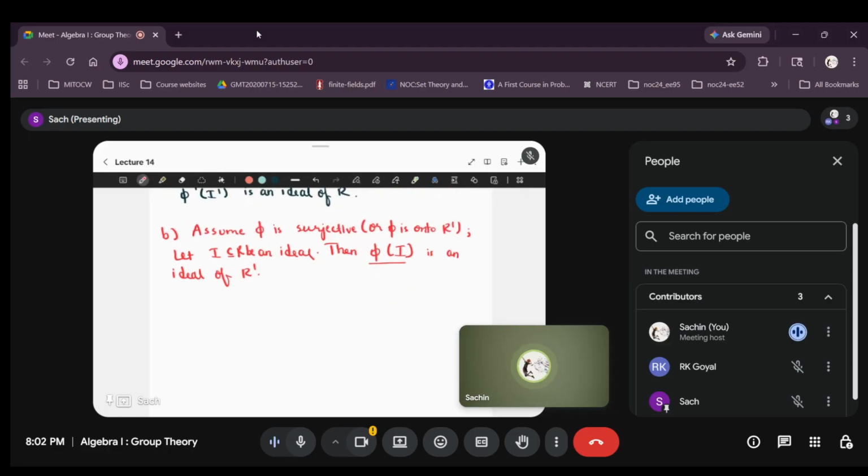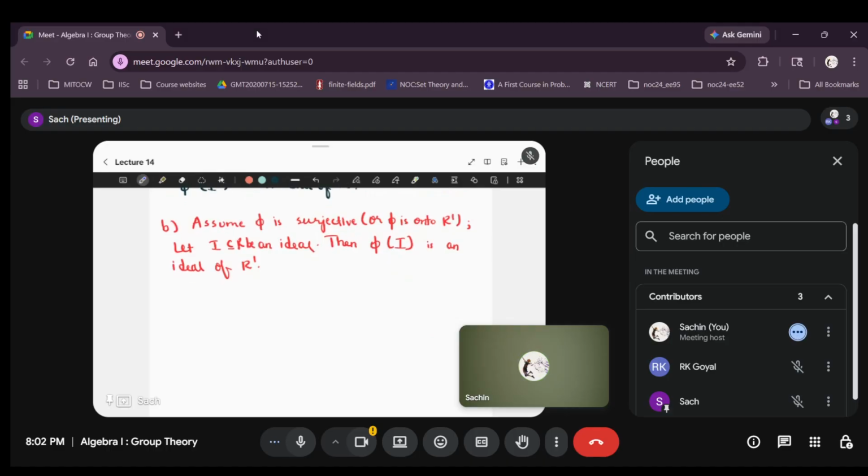Now phi of I is an ideal of the codomain R prime. The proof is similar to the previous part. Again, we have to prove the same things. So e of R belongs to I because I is an ideal. Phi of e of R is e of R prime because phi is a ring homomorphism, and that's one of the conditions: phi of 1 should be equal to 1.